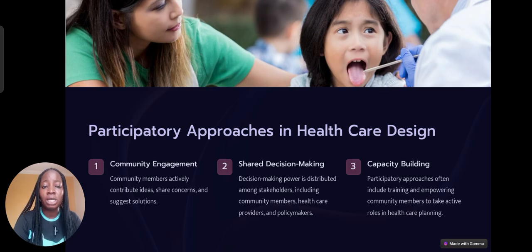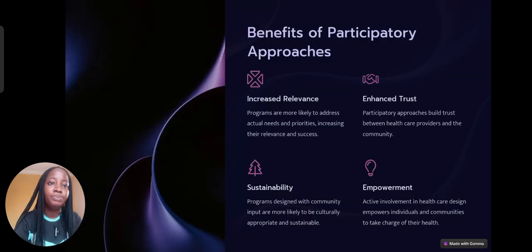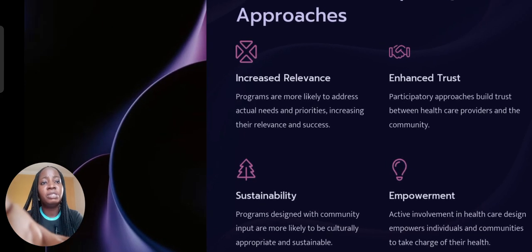Who are the stakeholders? We'll get to know more about them as we go on, but they include community members, healthcare providers like you and I, for those who are watching, and we have policymakers as well. Then we also have capacity building. Participatory approaches often involve training and empowering members of the community to play an active role in healthcare planning.